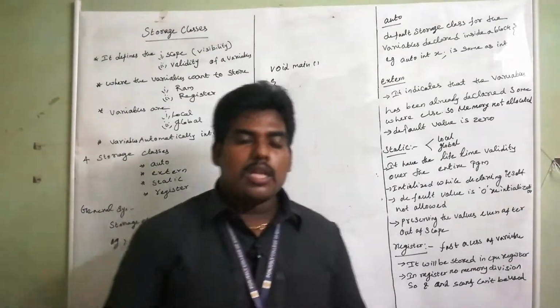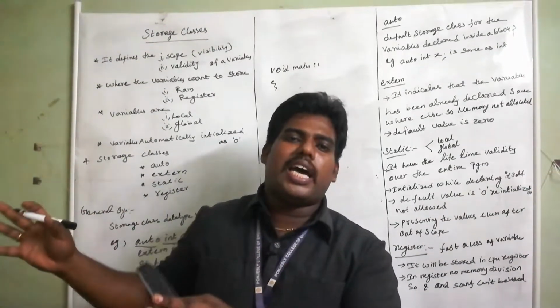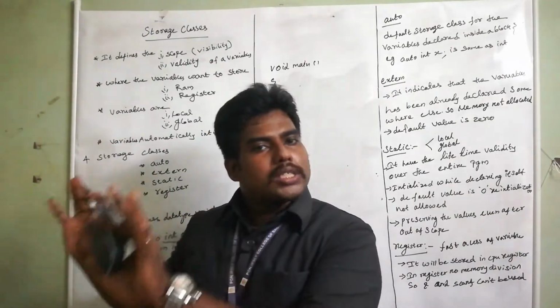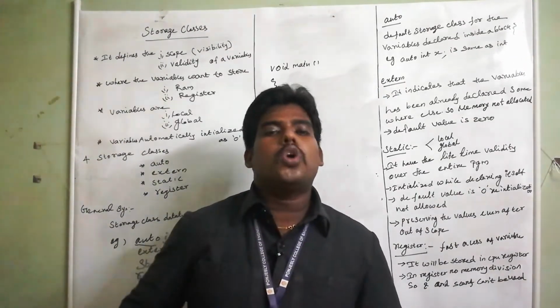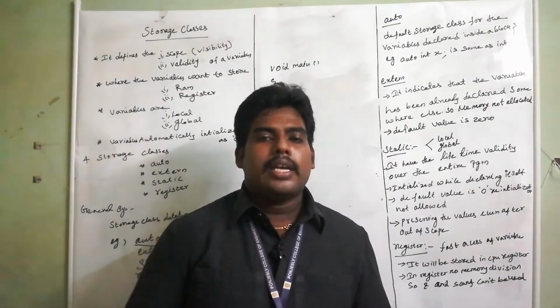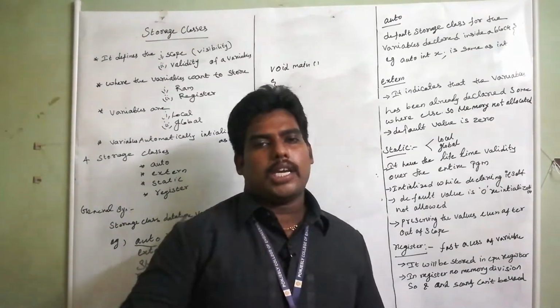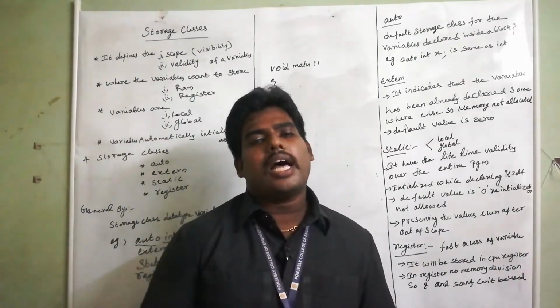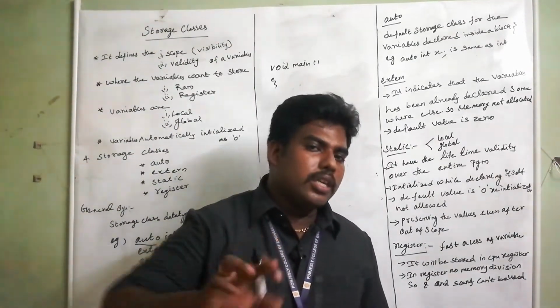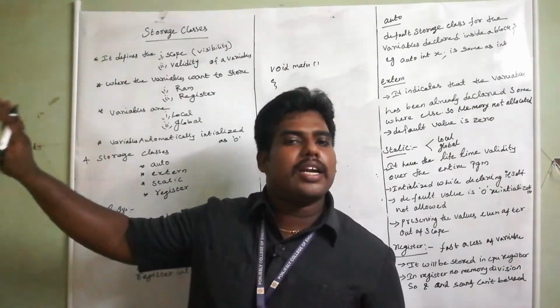That means already somewhere the memory was allocated for the variable, so no need to allocate it again. That's the meaning of extern. Extern denotes a global variable. What's the meaning of extern? Somewhere else, already it was declared.